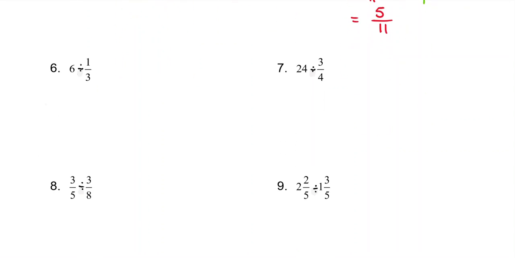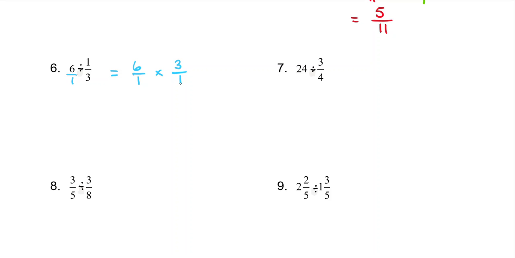All right, question 6. The 6 that is out the front there is over 1. Any whole number is always over 1. Okay, now there's no mixed numerals in there, so I'm going to go leave, kiss, flip. Leave the first fraction, turn it into a times, and flip the second fraction upside down.